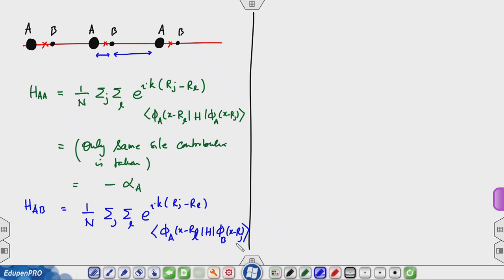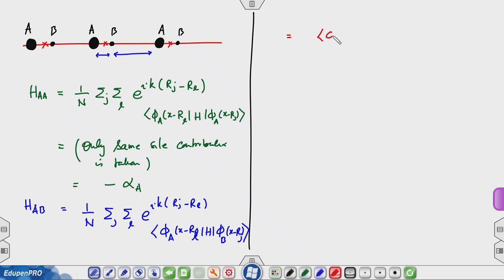If I take next nearest neighbor, only one, the forward of B would contribute, and one of course within each site. So, I can write this as equal to, and keep in mind that the sum over j has been taken out and cancels.